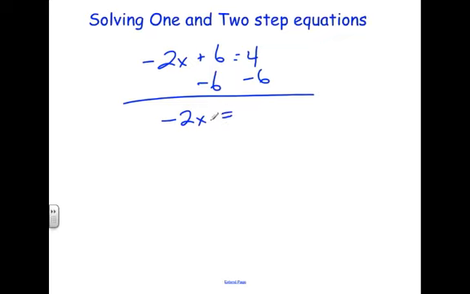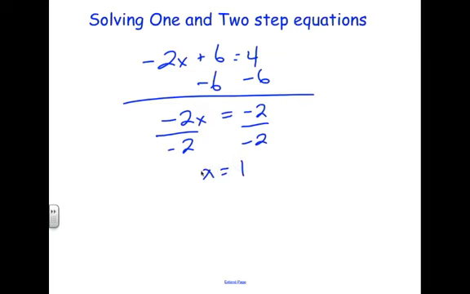I don't need to add that in there. You can put plus 0 in there and then simplify it later, but I'm shortening it. 4 minus 6, positive 4, take away 6, that's going to take me down to negative 2. Divide both sides by negative 2, and x equals 1. Negative 2 divided by negative 2 is 1.